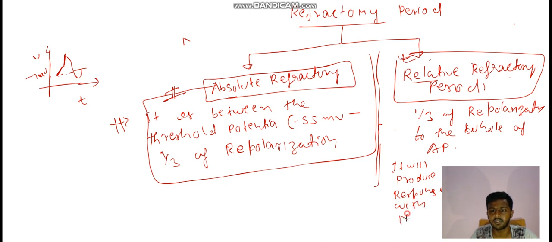With a new stimulus, it means the action potential is going on. Say one stimulus came and the action potential is going, and in between the action potential, say it is between minus 55 millivolt and the depolarization phase.